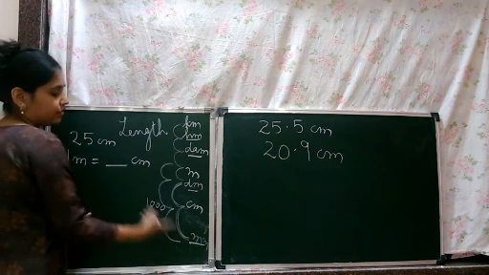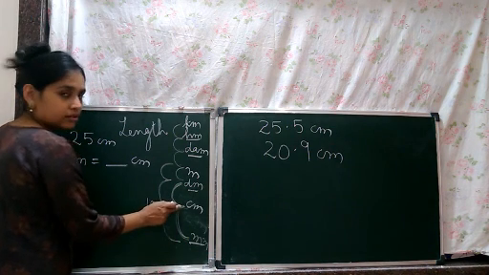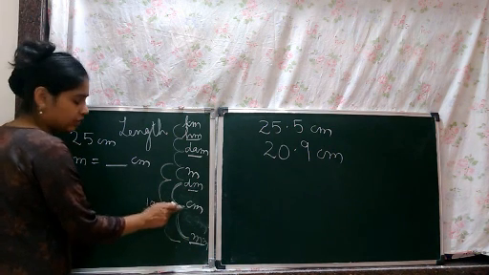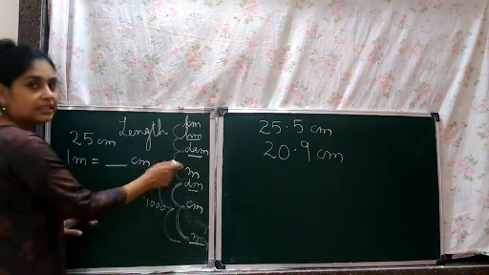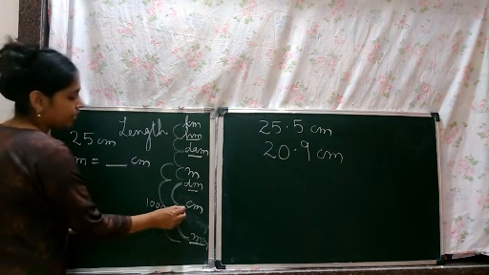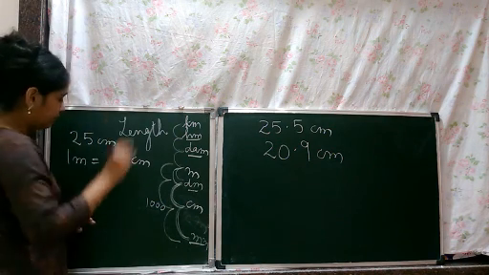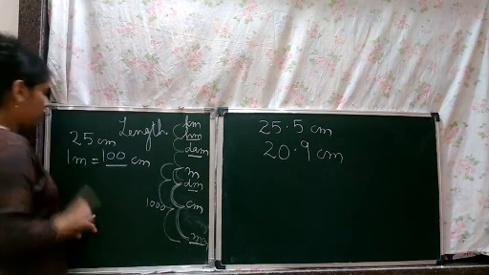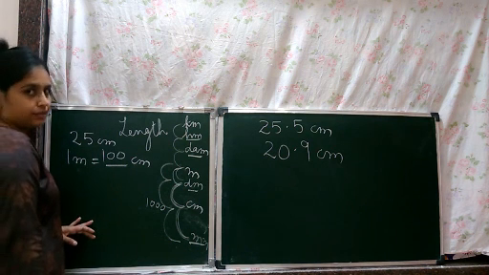Very simple, children. With this table we can understand. This is one step, that is 10, but millimeter is not asked. We have to find the difference between meter and centimeter. So we count 1, 2. 2 steps, that means 2 zeros. So 1 meter is equal to 100 centimeter.